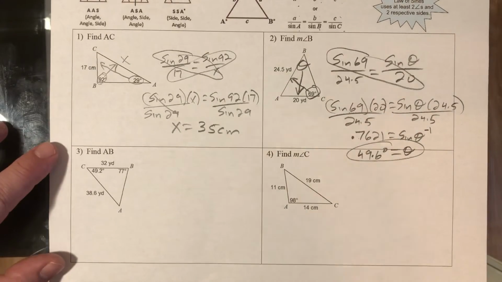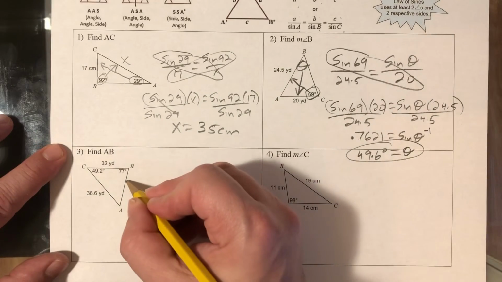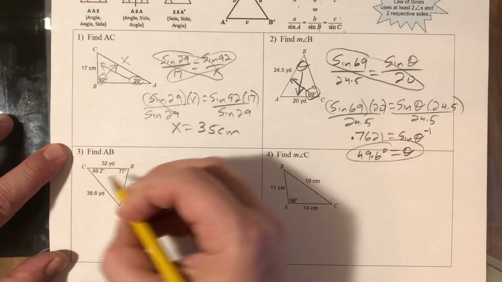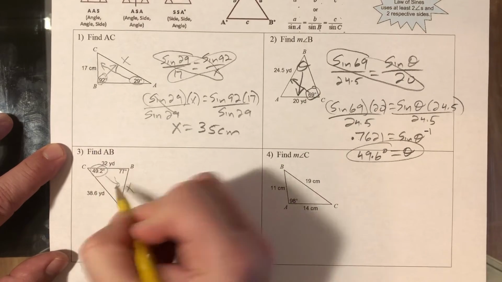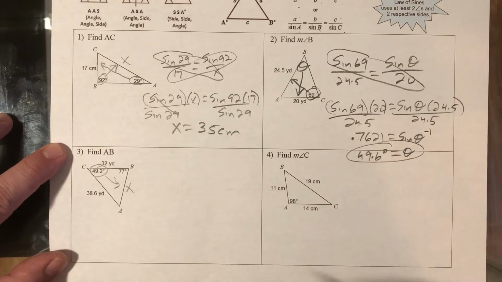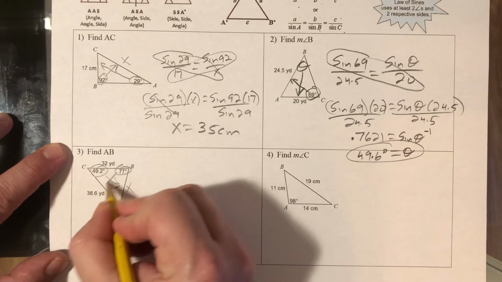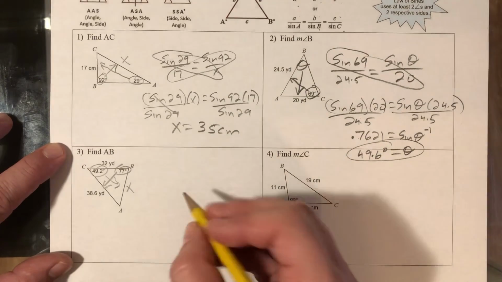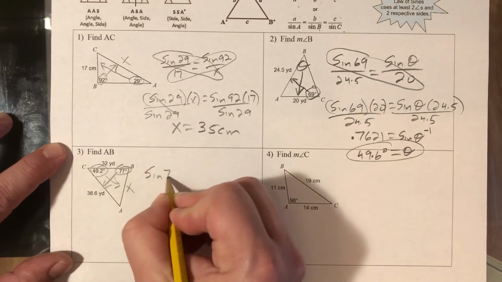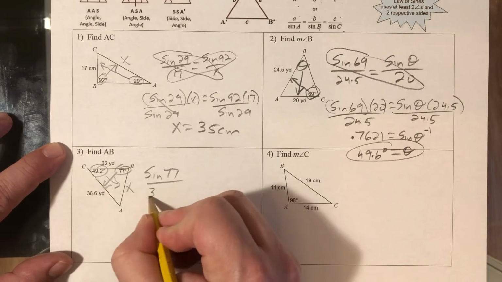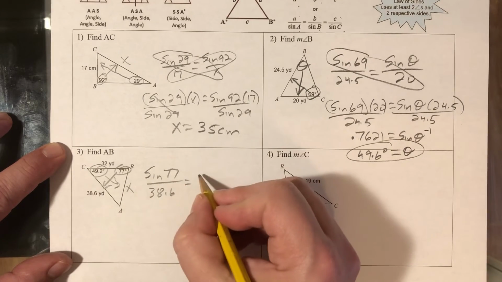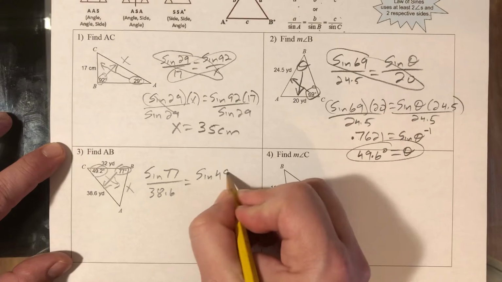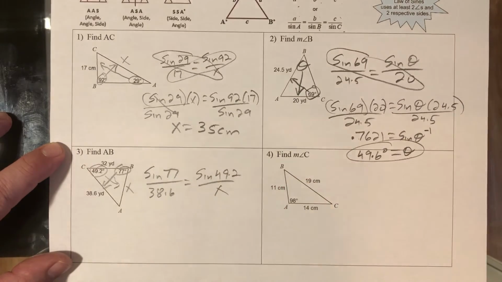It says find AB. All right, well, AB is over here. Again, I'll put an x here. It's opposite this 49.2 degree angle. And here I'm given a 77 degree angle, and it's opposite that 38.6 yard length side. So I can go ahead and say sine of 77 over 38.6 equals sine of 49.2 over x.